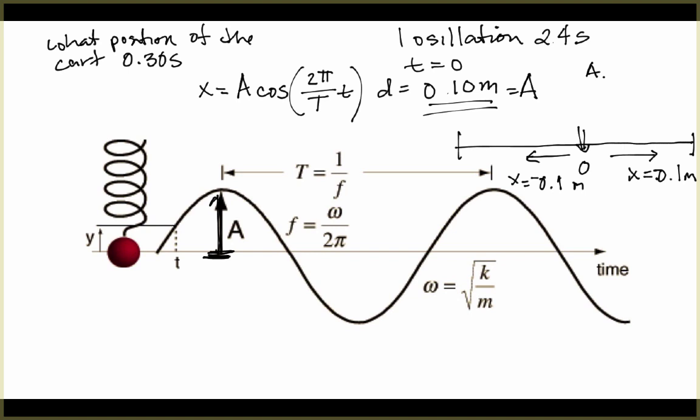So I want you to notice the period of oscillation here. That's the big T. We're going to start putting boxes around things so we can see. That's our period of oscillation, and this is our amplitude.